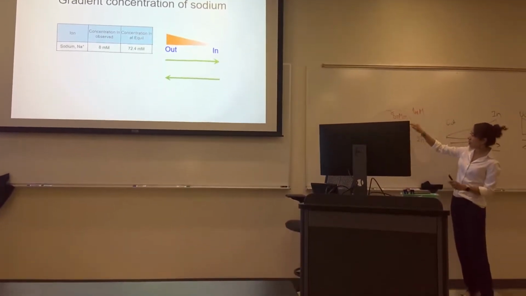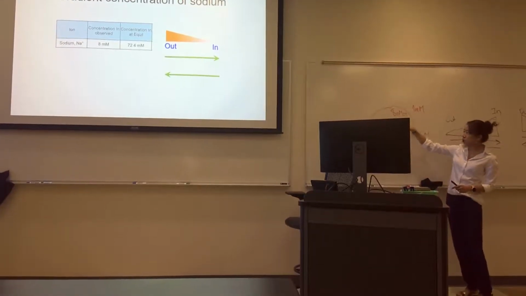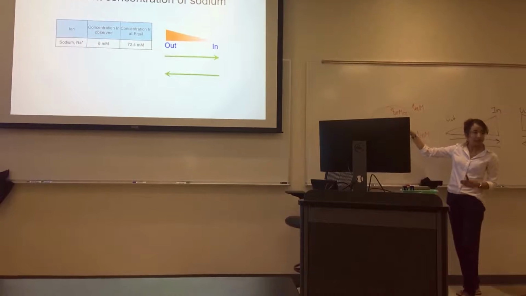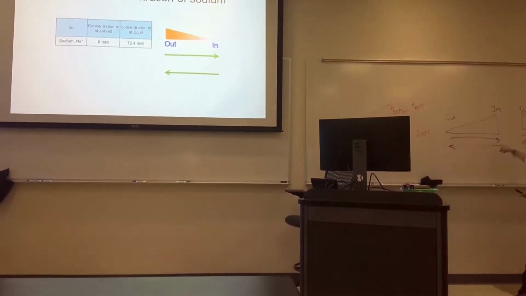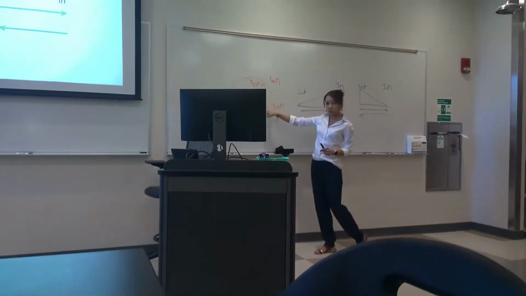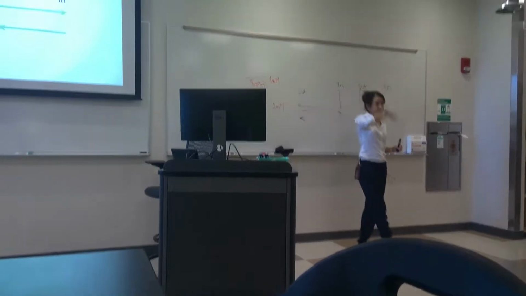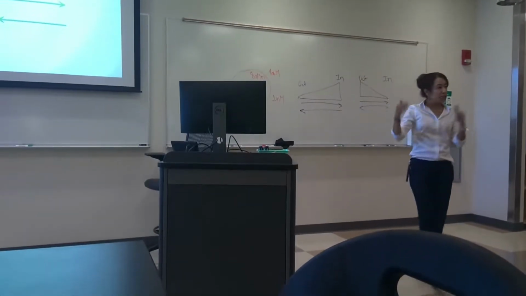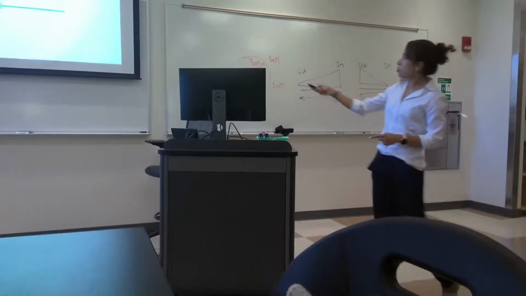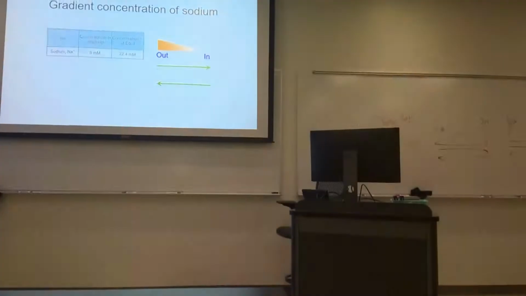Because this is lower, you have a gradient. It's much lower than you could expect if it was an equilibrium. That means that your gradient basically looks like this. It's much lower inside than if it was an equilibrium. Therefore, your gradient looks like this.